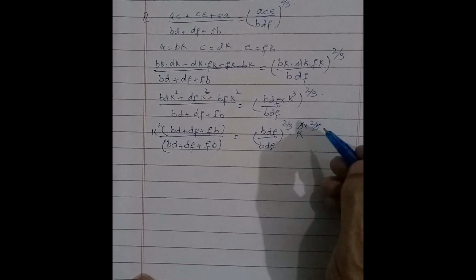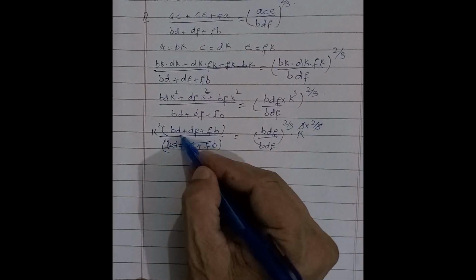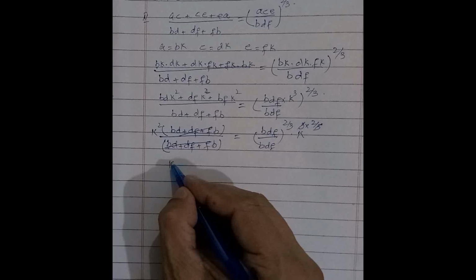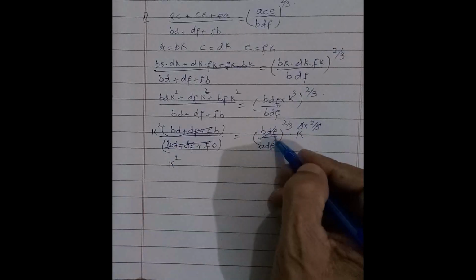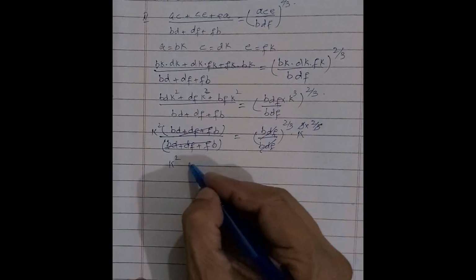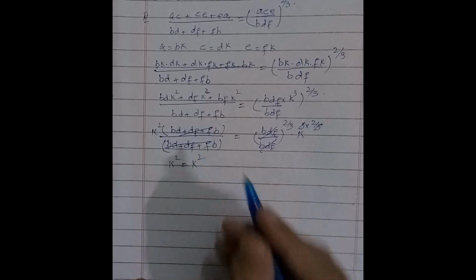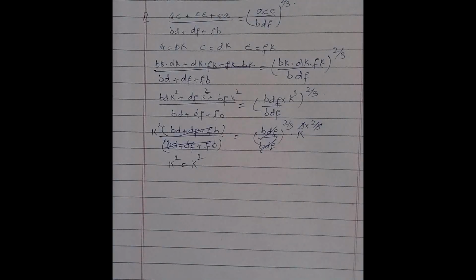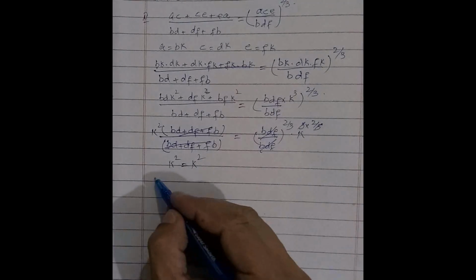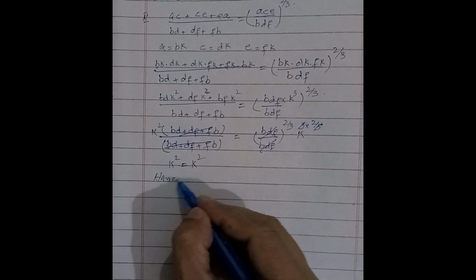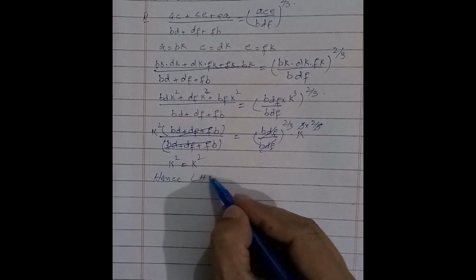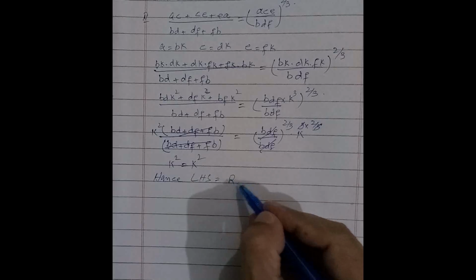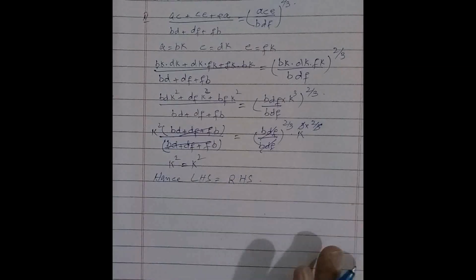These 3 cancel with these 3 and these values cancel each other. We have k squared. These 2 cancel each other. We have k squared. So the left hand side is equal to right hand side, and hence proved, left hand side is equal to right hand side.